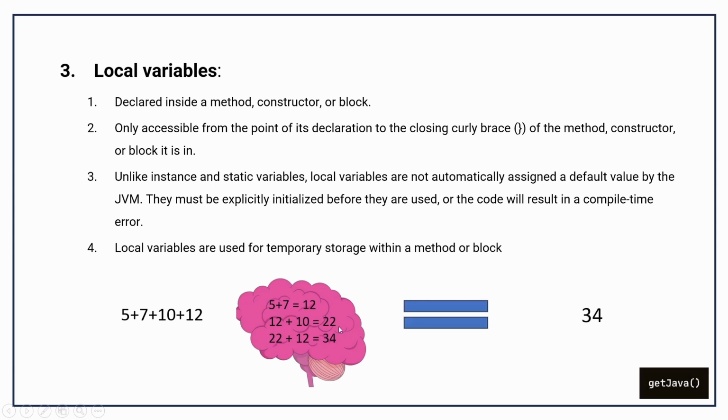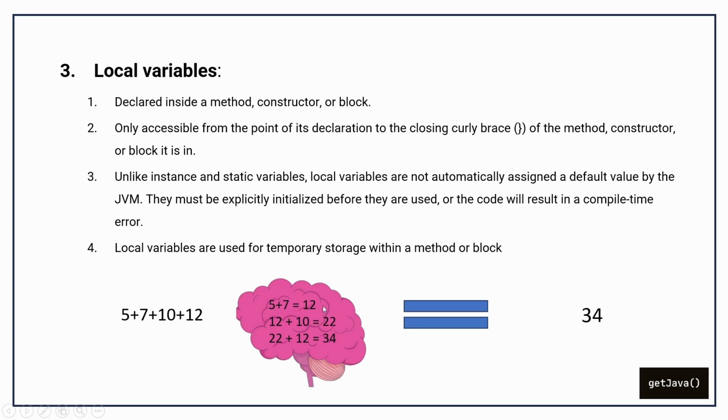These intermediate values 12 and 22, once you give the answer 34, you will not remember, because they were temporary calculation values. You will only remember 34. Once you get the answer, you will forget 12 and 22.